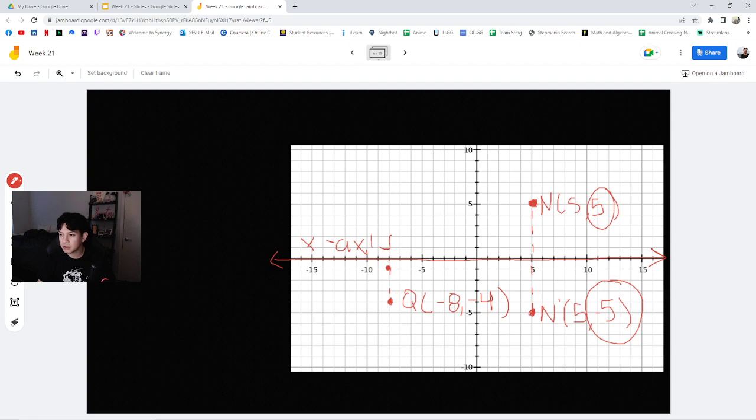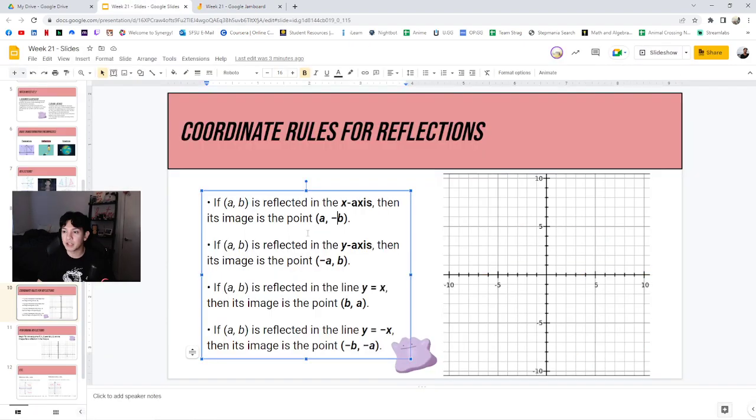Where are we going to go? 1, 2, 3, 4. We're going to be over here at Q prime, which is negative 8, 4. Okay, so just change the sign of the y value if you are reflecting about the x-axis. Change the sign of the y value for the x-axis, change the x value for the y-axis, okay? So that's that for the first two.